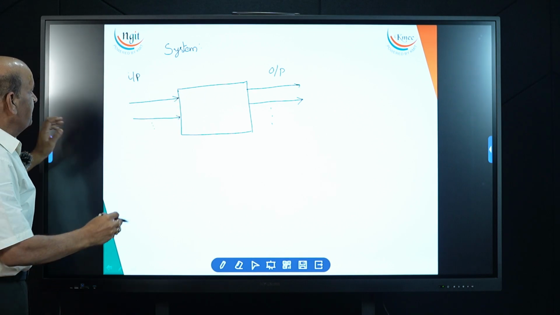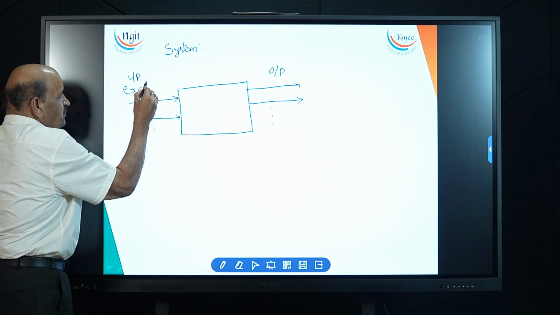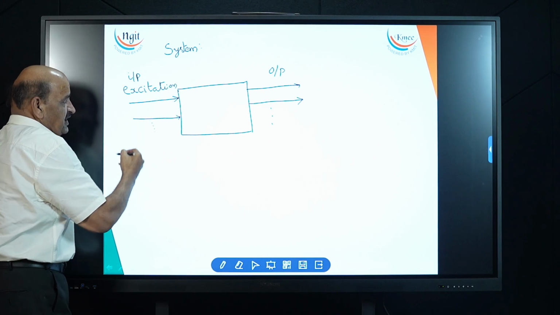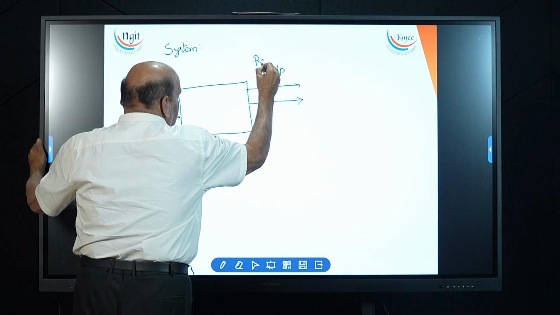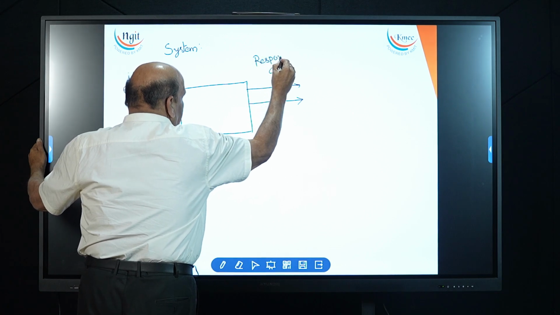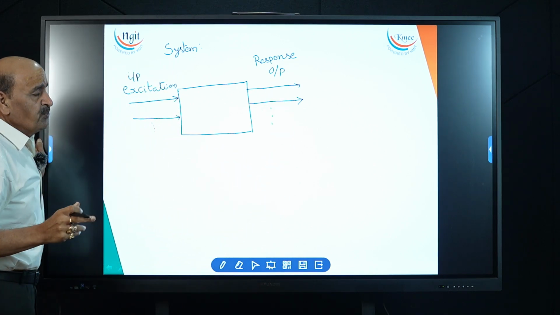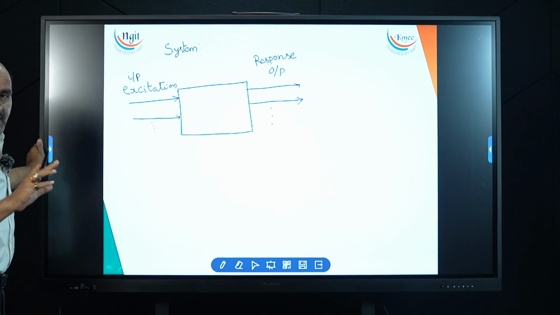In electronics, we call input as excitation. We call output as response. Response of the system means output of the system. Both are the same, but excitation and response are the specific terms of electronics and electrical.